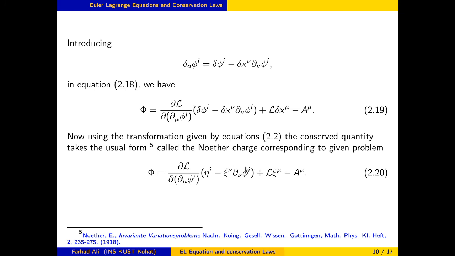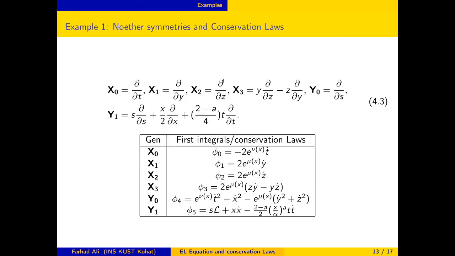Using this equation and taking these Noether symmetries, find out all these conservation laws. Phi naught corresponds to x naught, phi 1 corresponds to x1, phi 2 corresponds to x2, and so on. So take these Noether symmetries and put them into the conservation law expression given in 2.20.